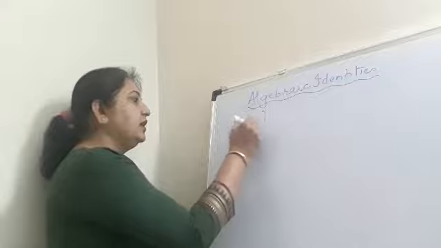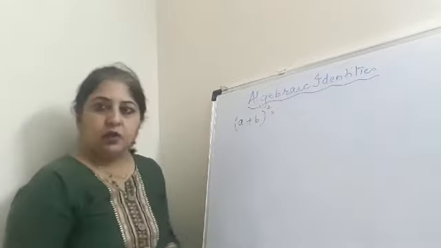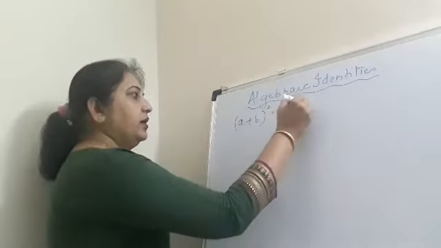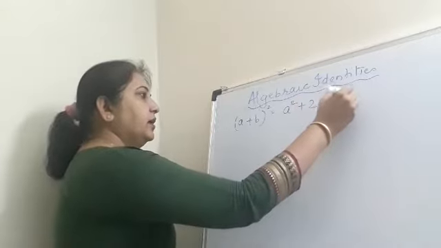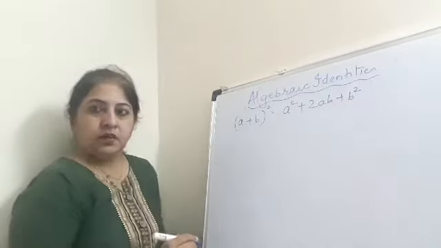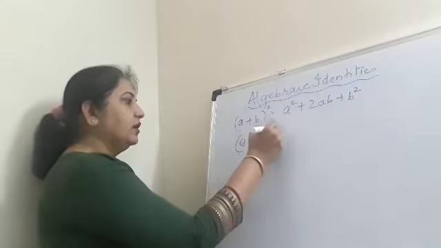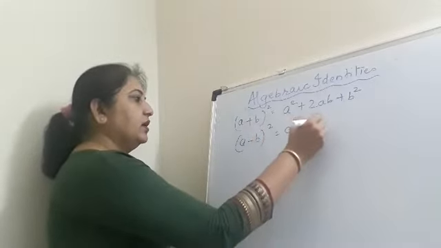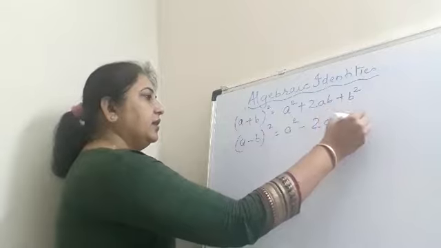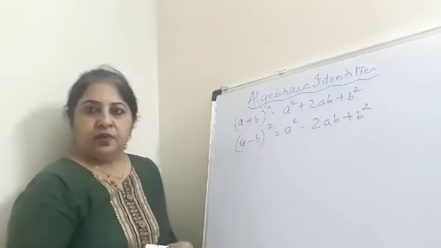(a + b) the whole square is equal to a square plus 2ab plus b square. This is the first identity. (a - b) the whole square is equal to a square minus 2ab plus b square. Right?